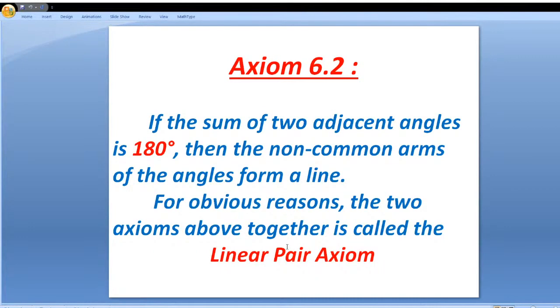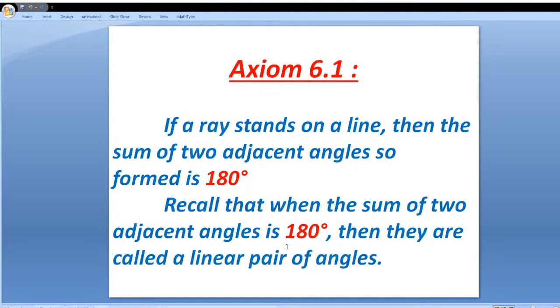And axiom 6.2 is vice versa. If the sum of two adjacent angles is 180, then the non-common arms of the angles form a line. For obvious reasons, the two axioms above together are called the linear pair axioms. So what is the first one? First one is this: if a ray stands on a line, then the sum of two adjacent angles so formed is 180.